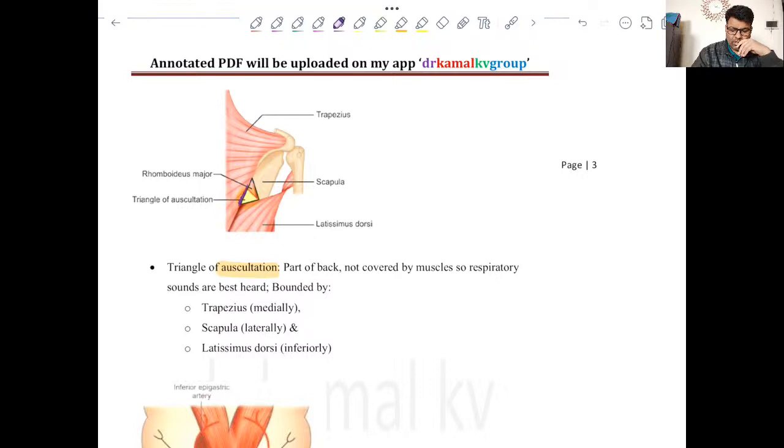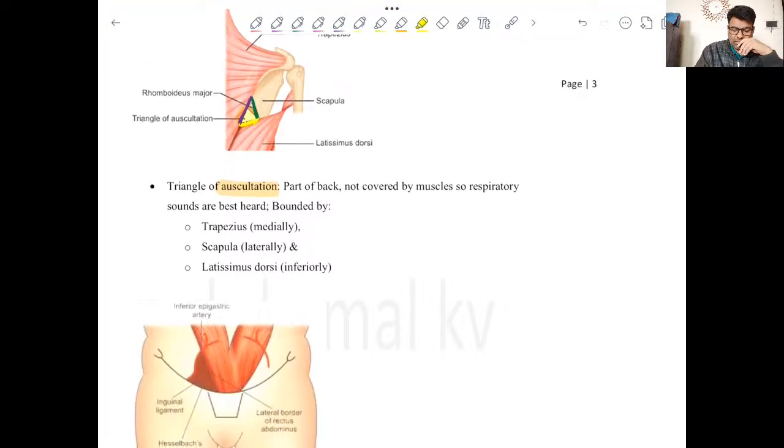So the medial border of the trapezius forms the medial border of the triangle. Then laterally, the medial border of the scapula forms the lateral border of the triangle, and inferiorly there is latissimus dorsi. Clear? So this triangular area is known as triangle of auscultation, and here the respiratory sounds are heard better.